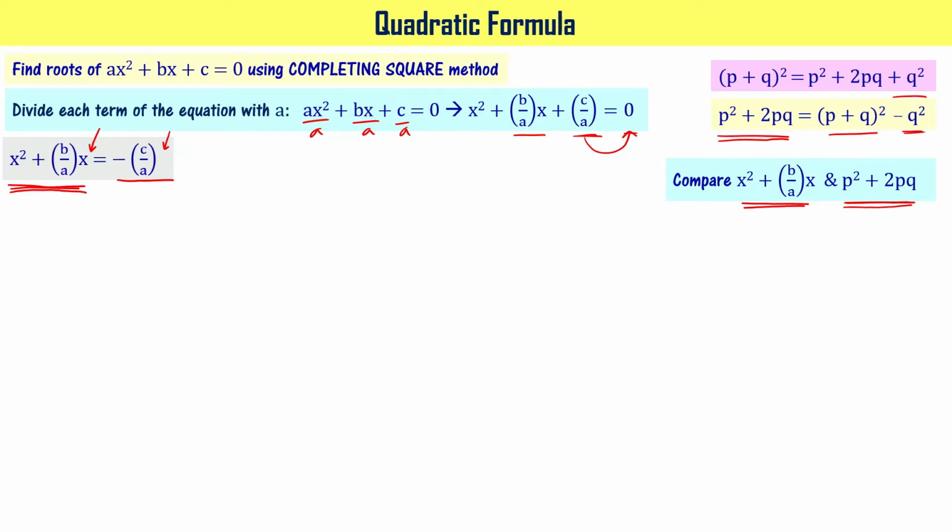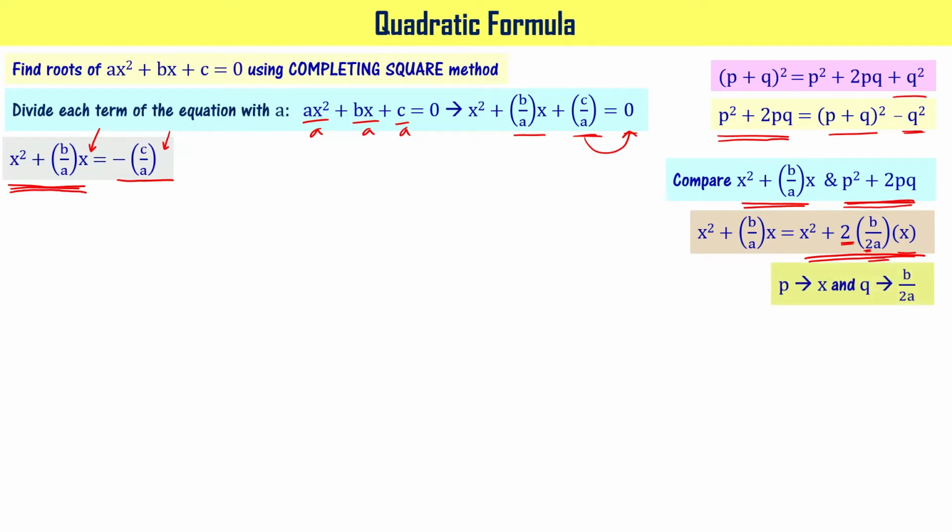For that reason, I'm going to write x square plus b by a times x as x square plus 2 times b by 2a times x. What I have done is multiplied b by a by the number 2 and divided by the number 2, right? So now you can compare x square plus 2 times b by 2a times x with p square plus 2pq. When you compare it, you say that p is x and q is b by 2a, right?